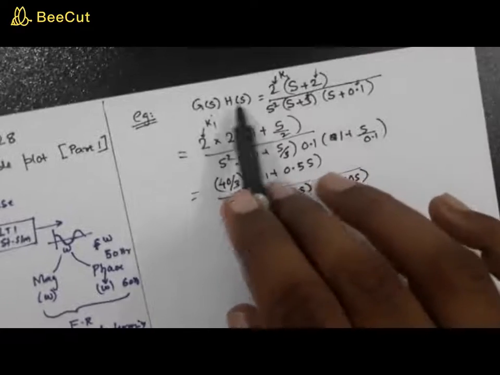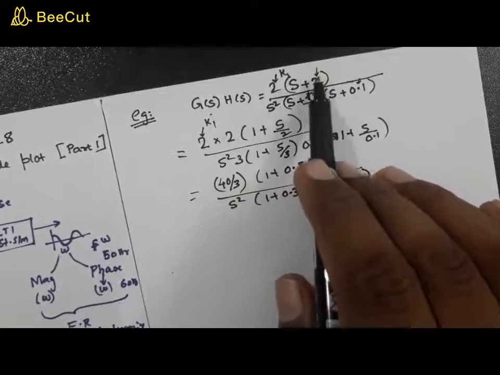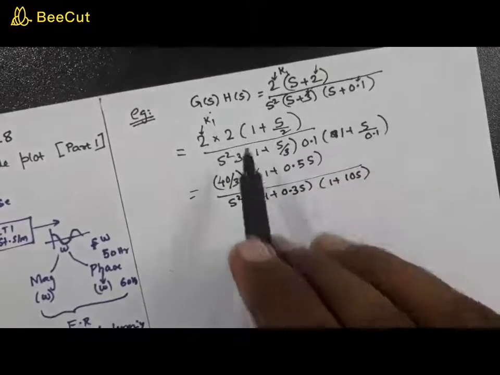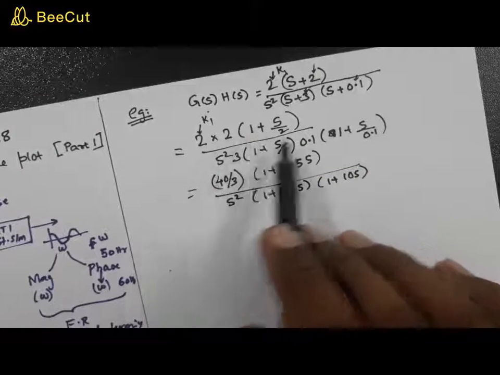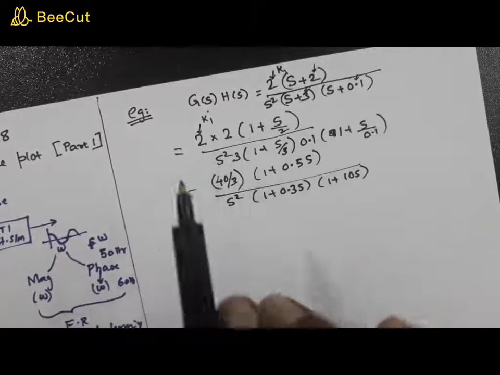This must be the first step that you should do. From G(s)H(s) itself, you take the constant out and obtain the factors of the form 1 plus s.